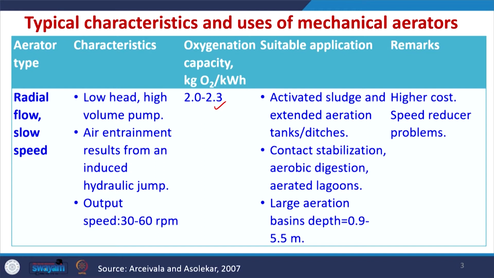Generally they have a very low pressure head, high volume pump, and air entrainment results from an induced hydraulic jump. The speed is around 30 to 60 rpm, and they are very suitable for activated sludge systems where secondary treatment is done, and also extended aeration tanks and ditches.